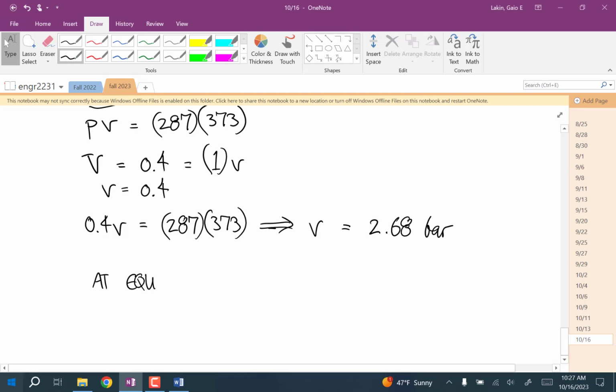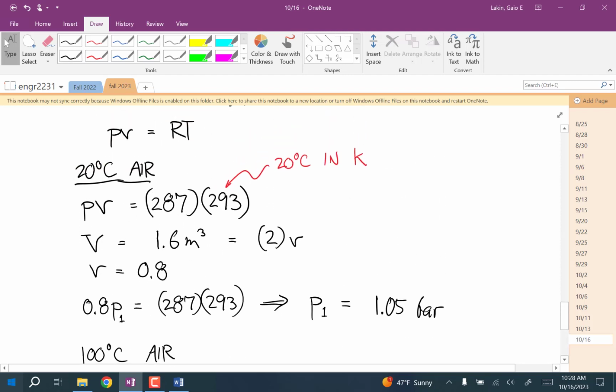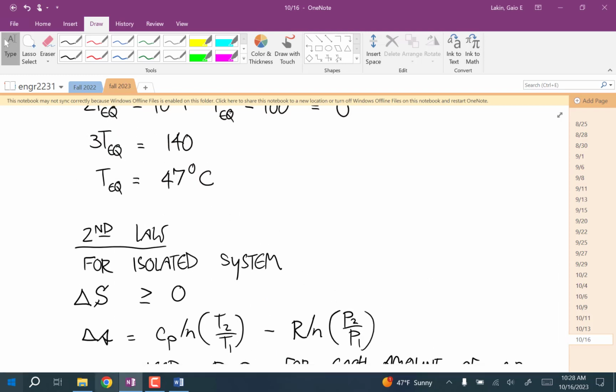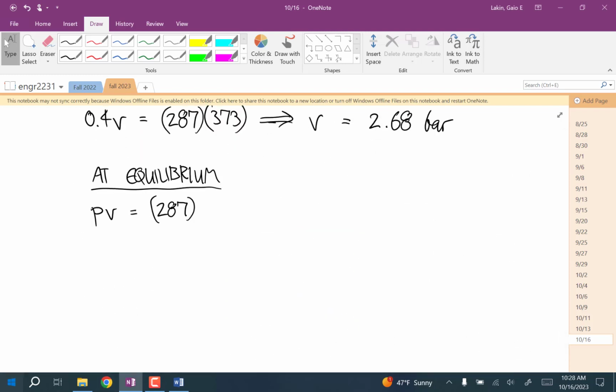So at equilibrium, we have Pv is equal to 287 times the temperature. That final temperature we've already calculated is 47 degrees Celsius, so that is 320 Kelvin.